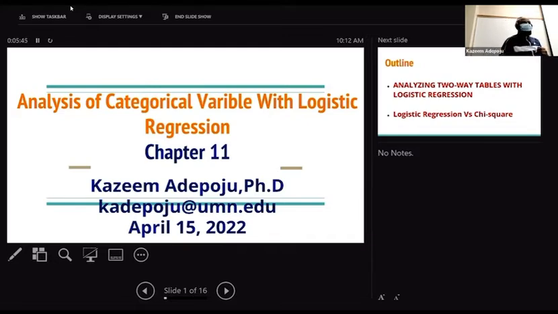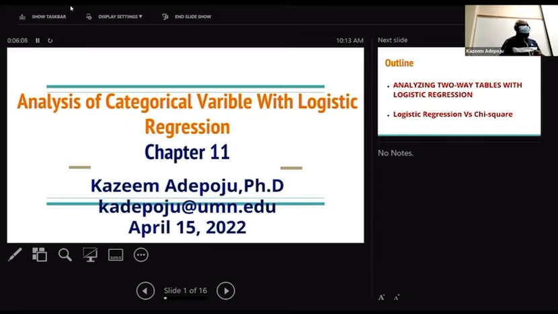Then I also walked you through how to investigate whether the relationship that exists is significant using the chi-square. Of course, you remember I told you the chi-square measures discrepancy between the observed and the expected.